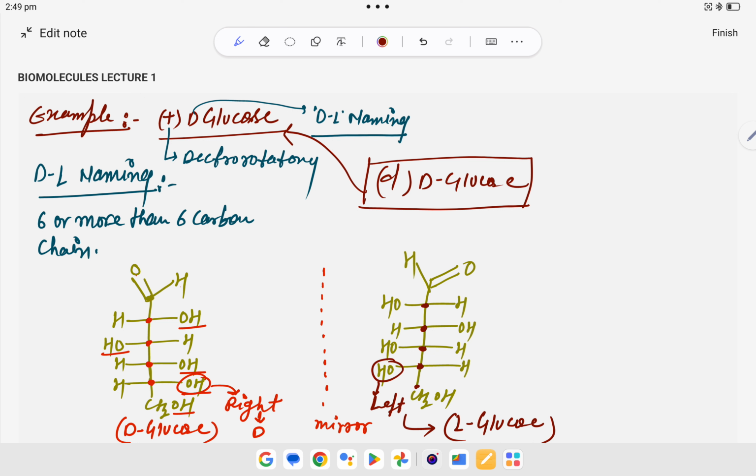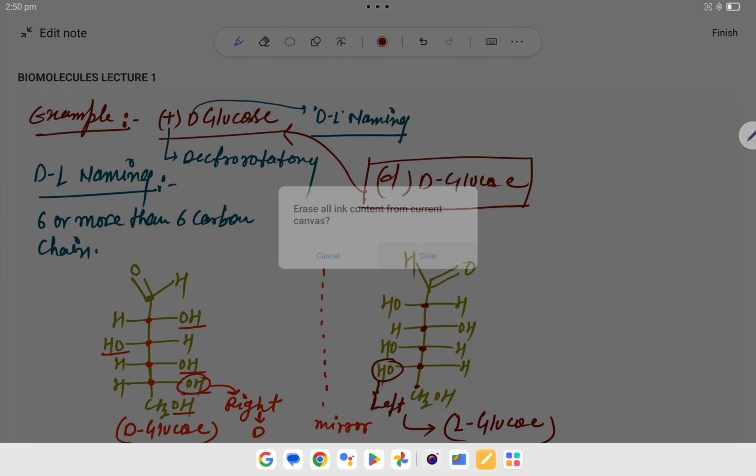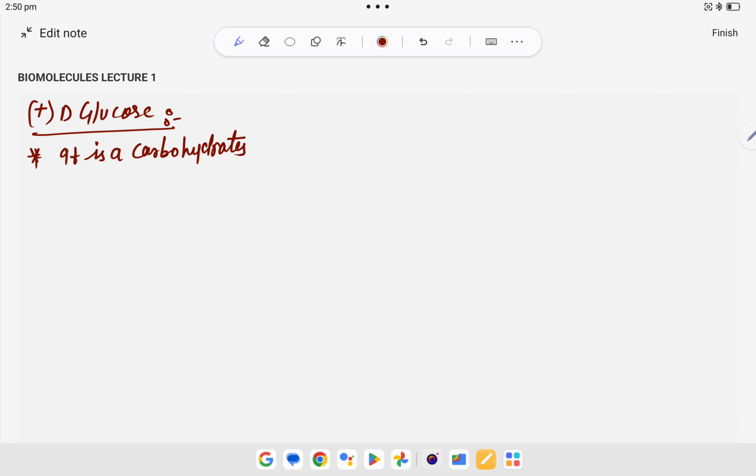Plus D glucose. Let's talk about some properties. Plus D glucose, number one, it is a carbohydrate.